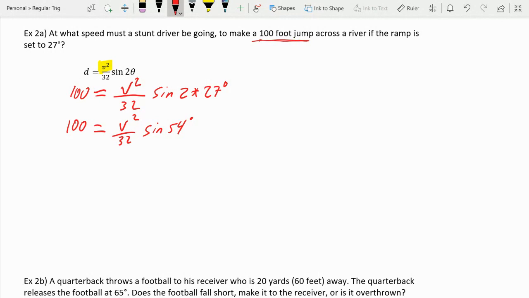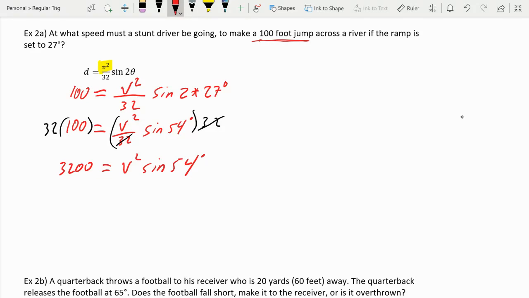Now, how do I get rid of a fraction in an equation? I'm always going to multiply by the denominator. You've heard me say this a million times. So 32 times 100, 3200, is equal to v squared times the sine of 54 degrees.